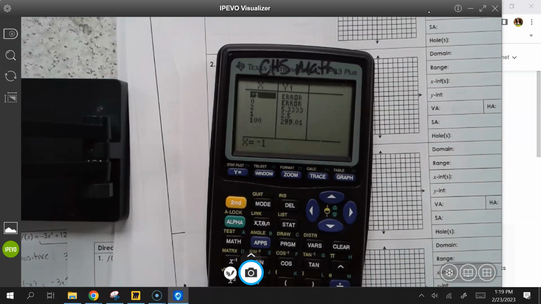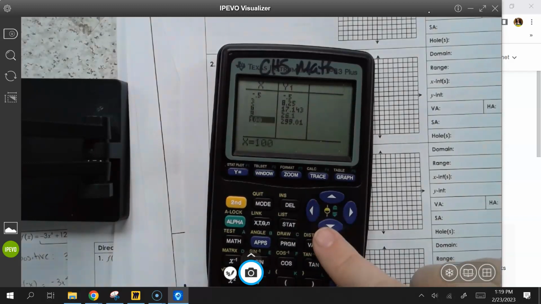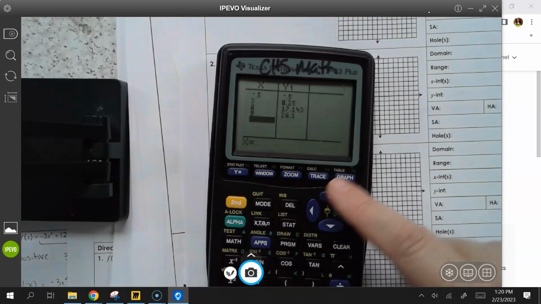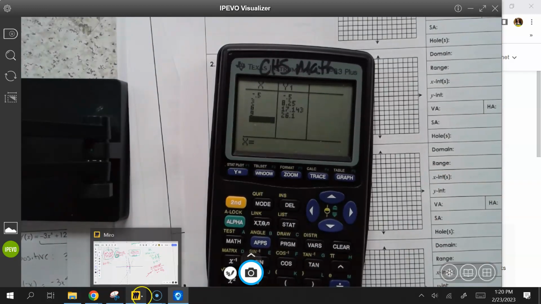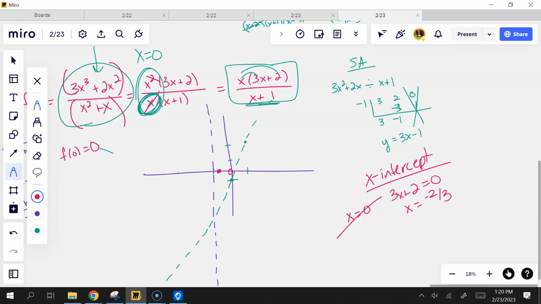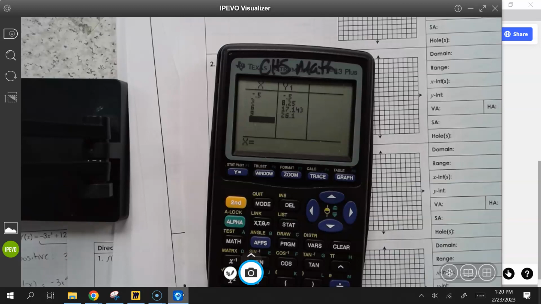If you want to know what's the value at -0.5, we'll type -0.5. Just keep typing values. It'll keep going forever. I did 0, 1, 2. So if I'm looking at this, I'm thinking I probably need -0.5 here. So at -0.5, it dips down, right?